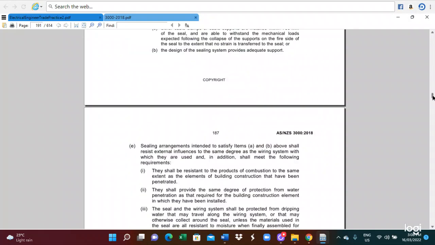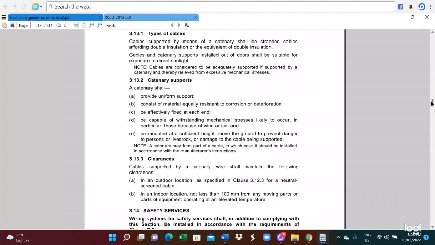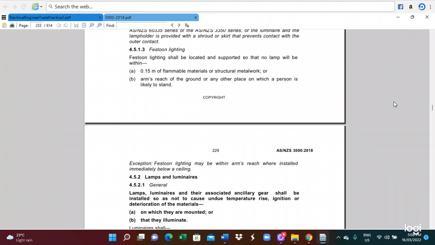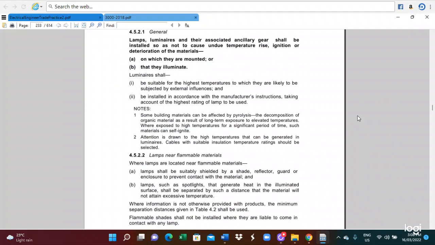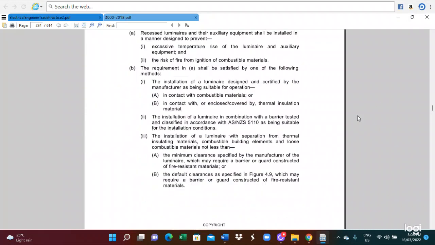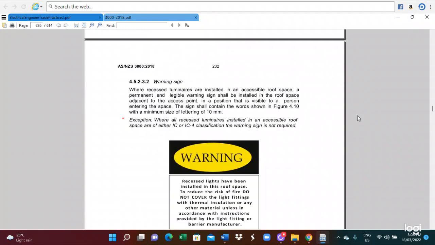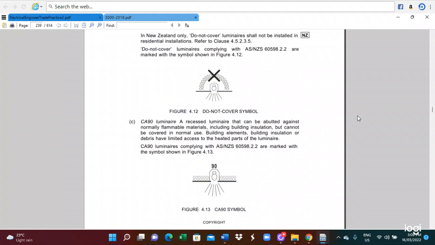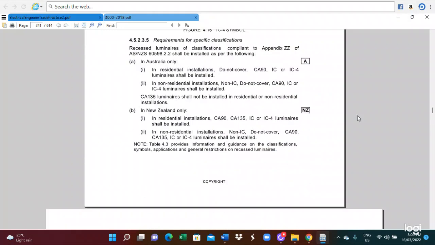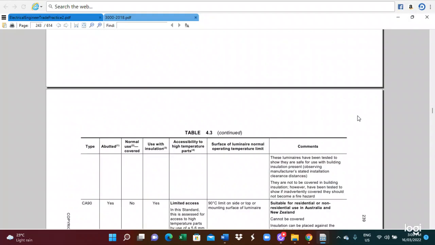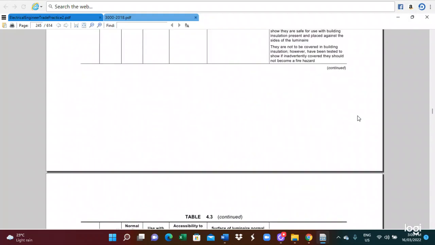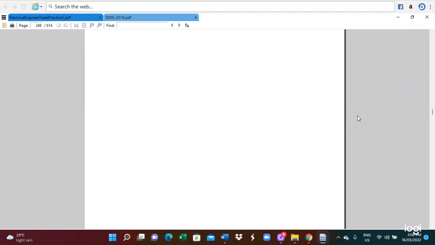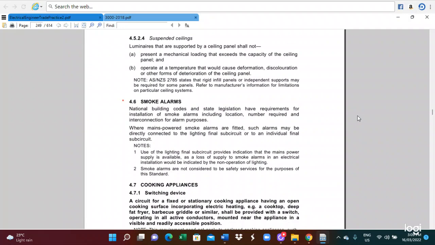Why is it AS 3786? The fire and smoke alarm installation. The smoke alarm installation.